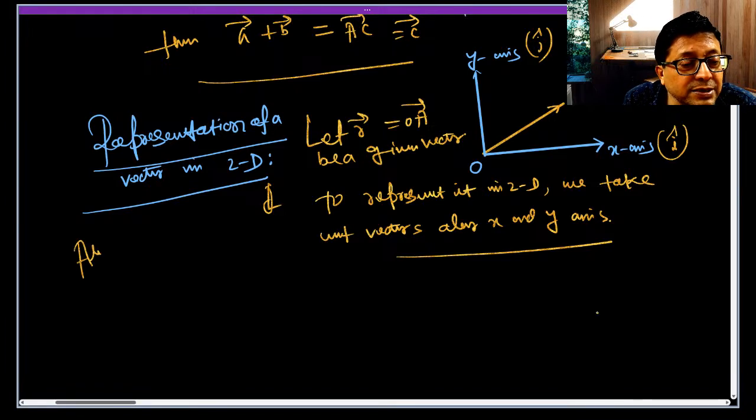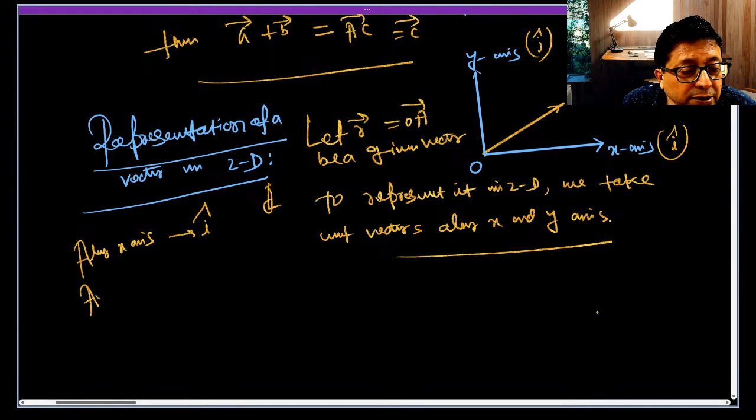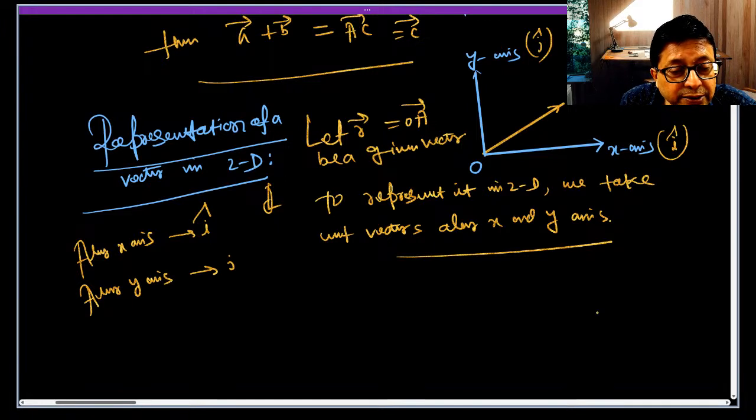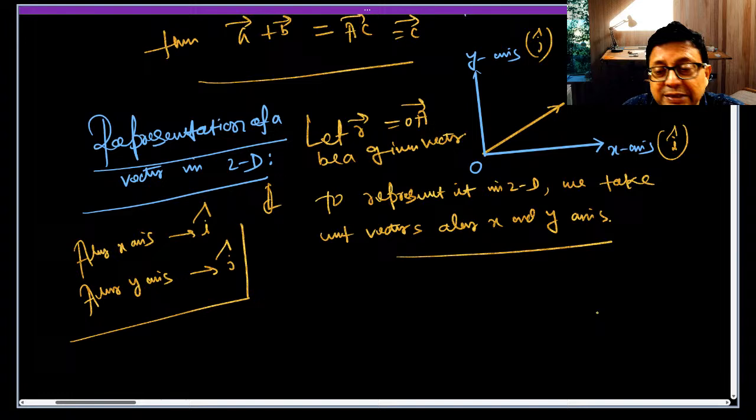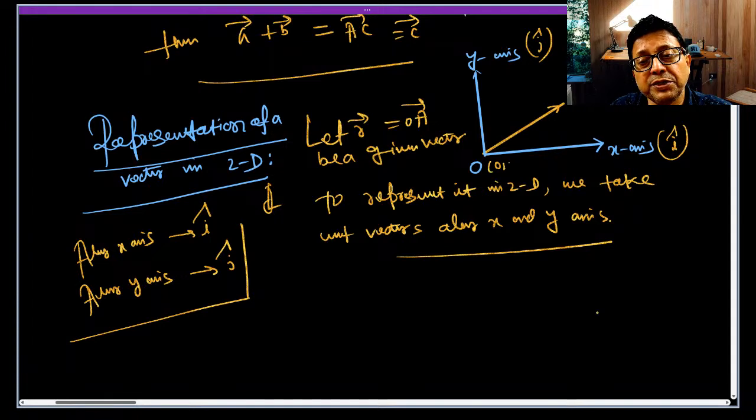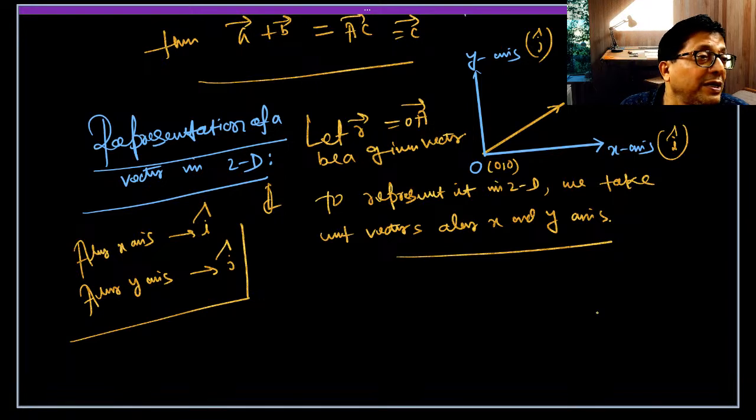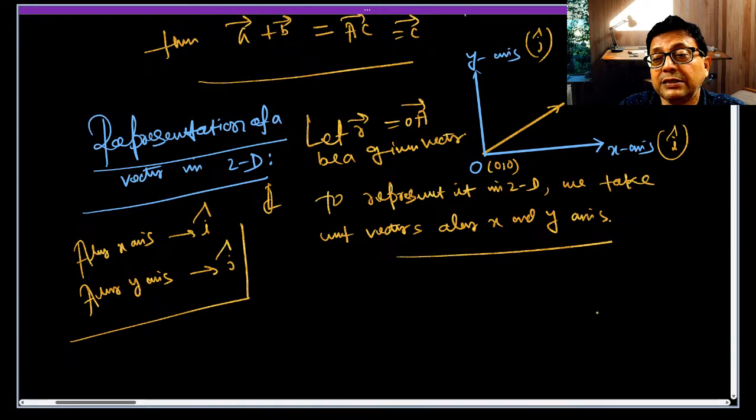Along x axis, we take I cap the unit vector, along y axis we take j cap as the unit vector. Okay, this we have taken origin. So in 2D, every point has a coordinate, the tip also has a coordinate. Let the tip be at A x, y.